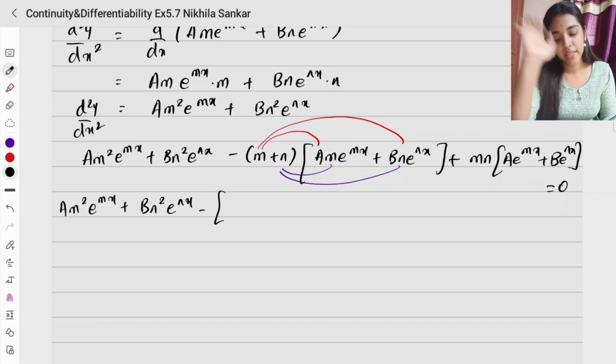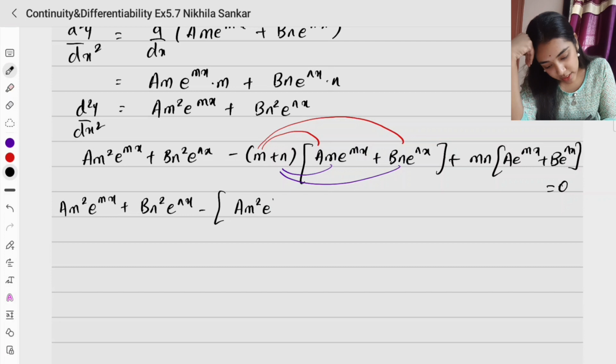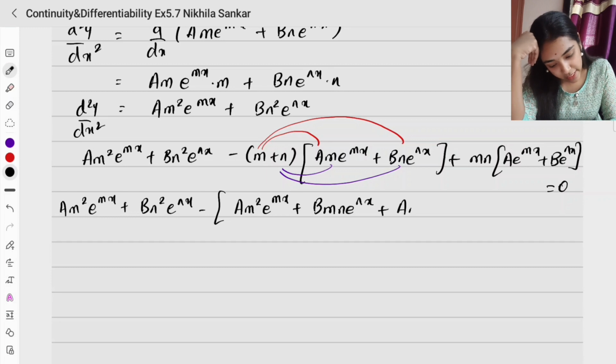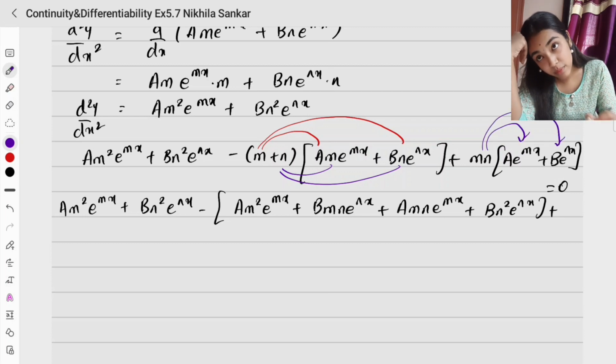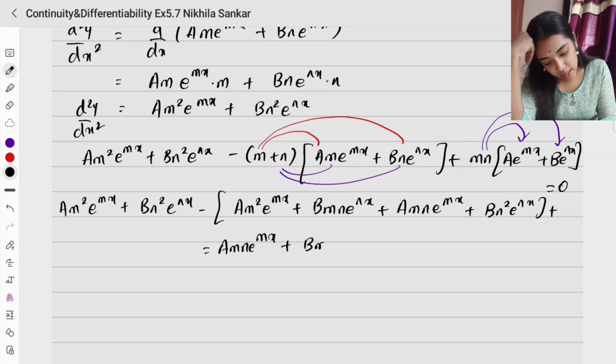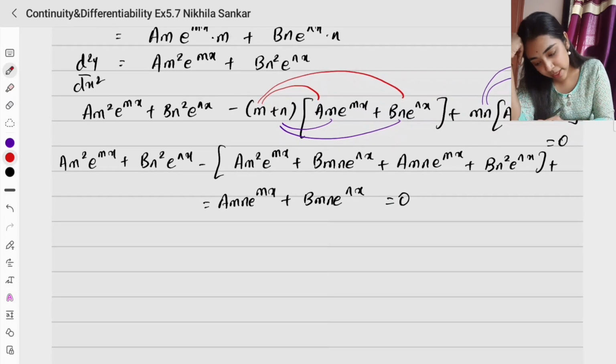So what will I have? a m square e to the mx plus b m n e to the nx plus a m n e to the mx plus b n square e to the nx plus, now I'm going to multiply this term inside. m n multiplied gives a m n e to the mx plus b m n e to the nx equals 0.